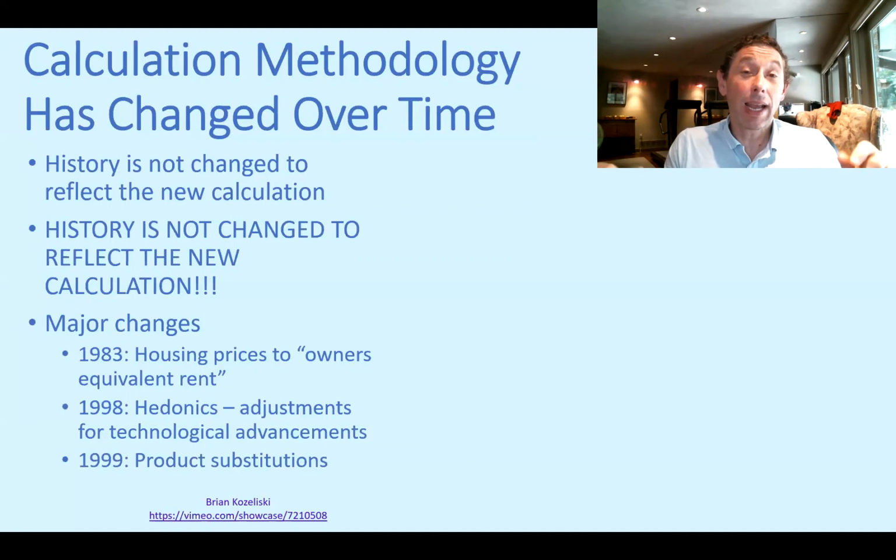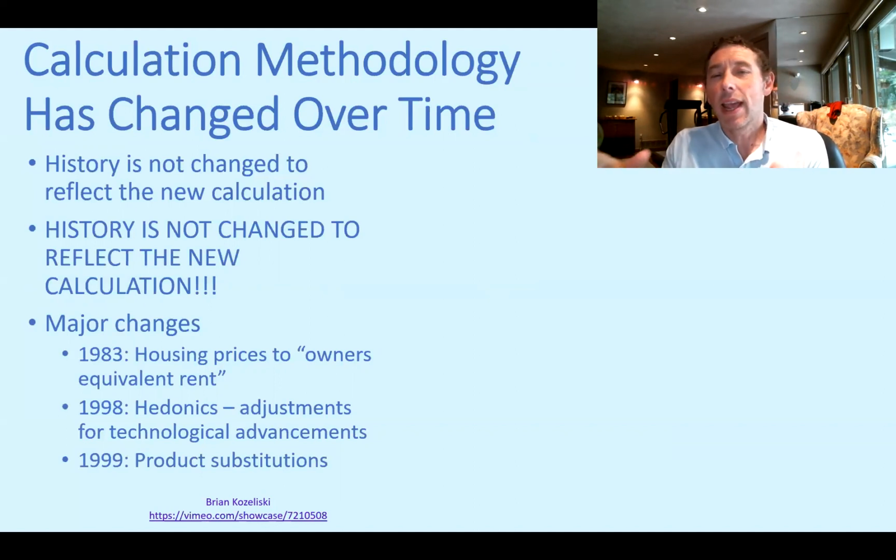And then in 1999, they introduced kind of this crazy product substitution. So if inflation is too high, they say, well, you're not going to keep buying the same goods. You're going to go from your filet mignon to some cheap ground beef. And there's going to be no inflation because they both double, but now the ground beef is the same price as steak, and so you substitute for the crappy item, but no inflation.